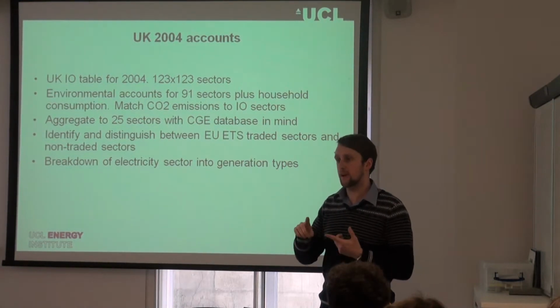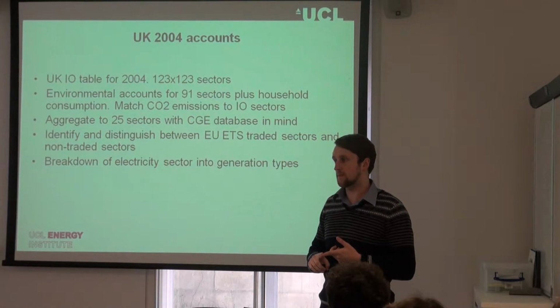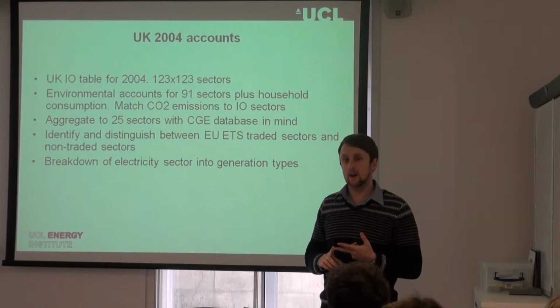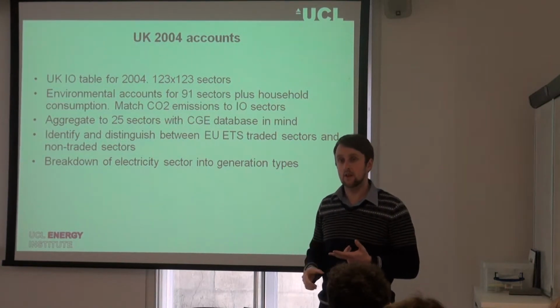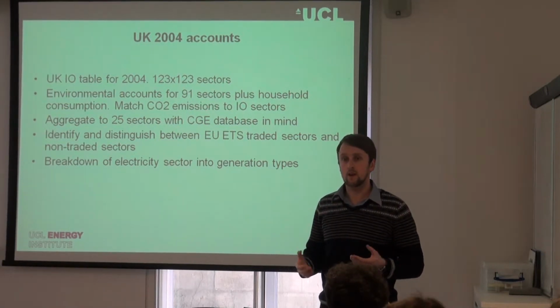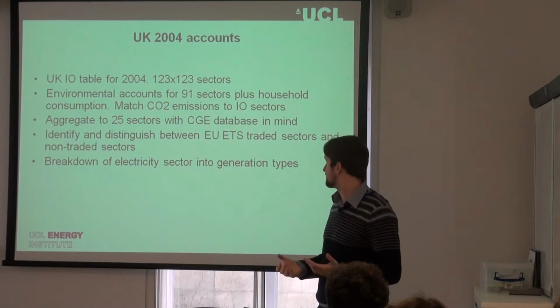I wanted to pick out the main sectors covered by the EU emissions trading scheme, and I wanted some level of aggregation in the electricity sector, because both of those are obviously important for UK emissions.